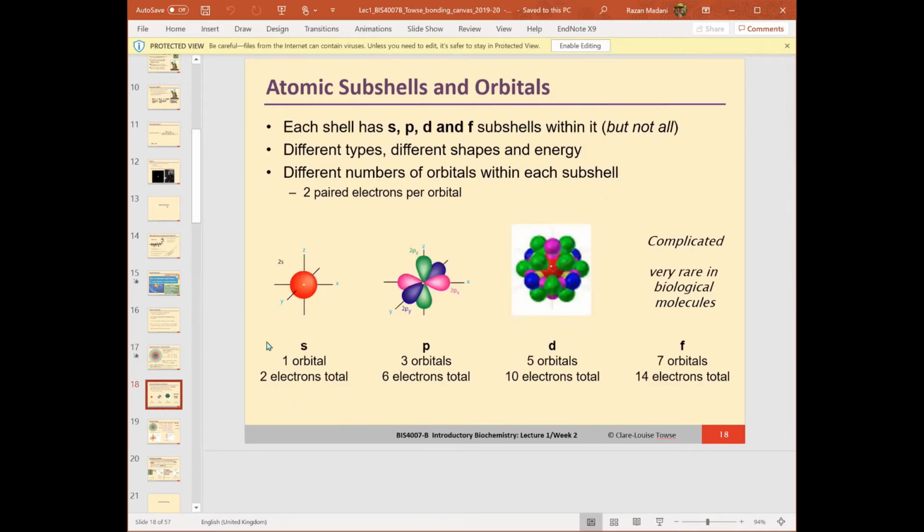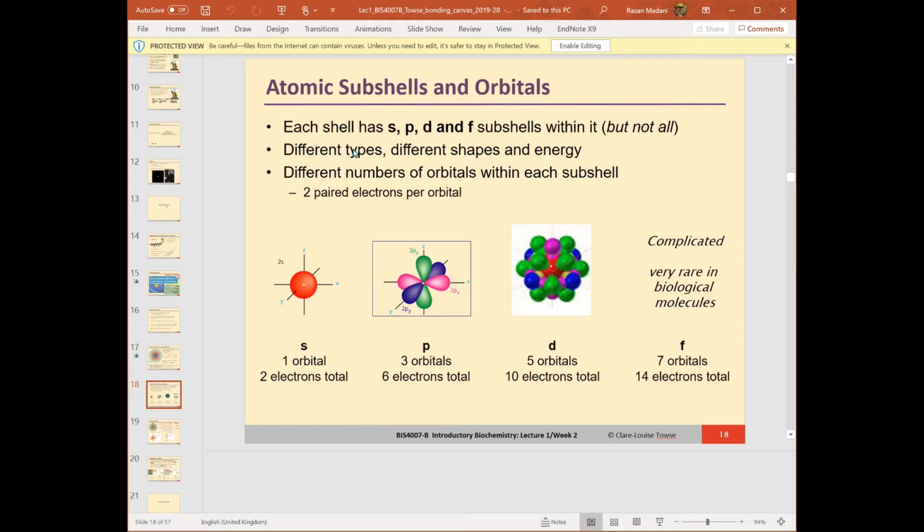In this example, the nucleus is in the middle and those bulbs are electron clouds, showing how they form. It's a region with a lot of electron repulsion.